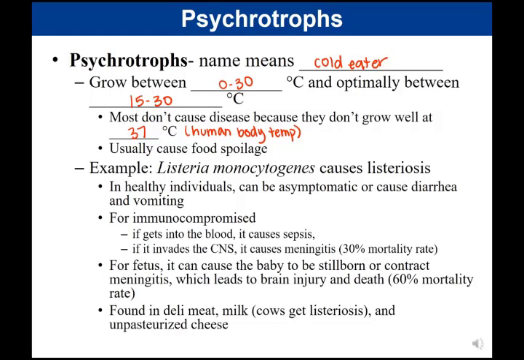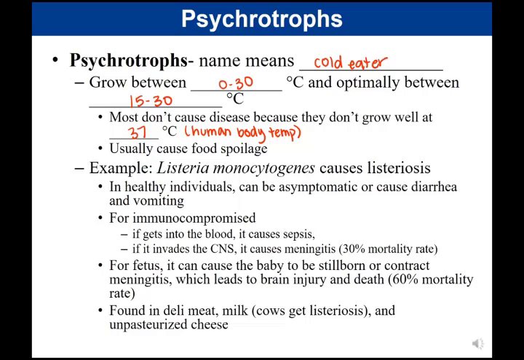Now, does that mean that's the only food that is the cause of listeriosis? And the answer is no. In recent years, we've seen many examples of produce that's been contaminated with listeriosis. We've seen spinach, we've seen alfalfa sprouts, we've seen lettuce.